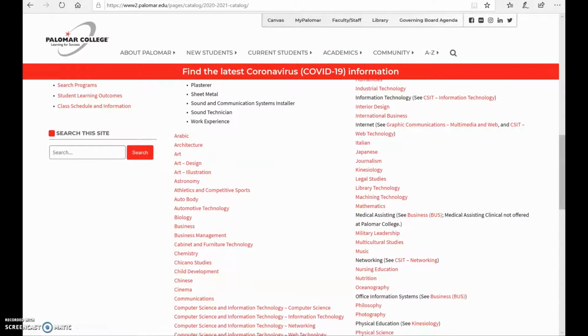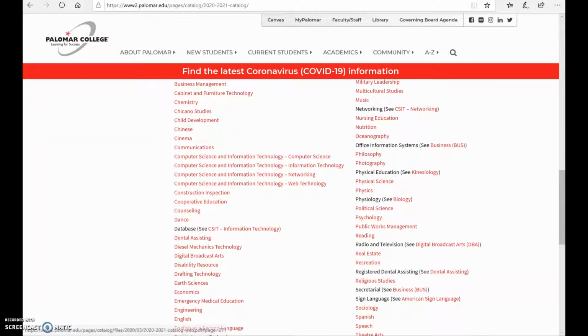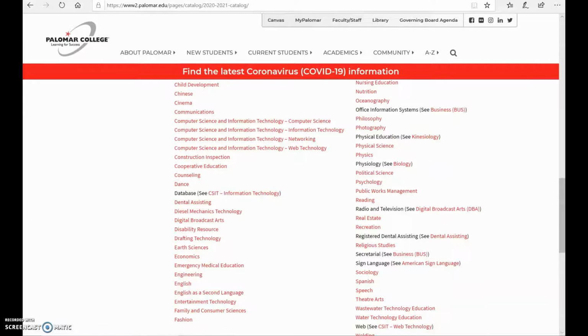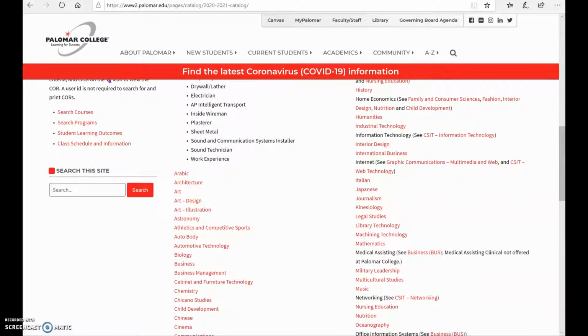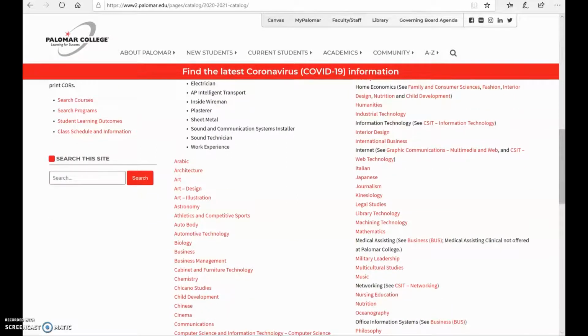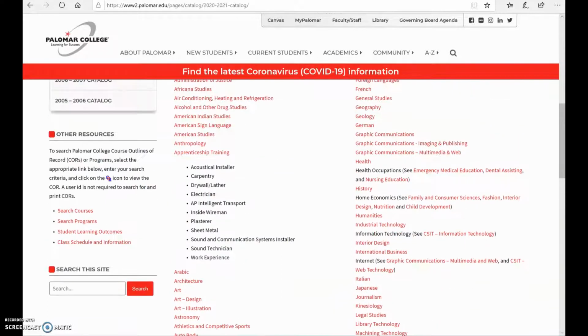The first section that I'm going to cover is the 2 histories that are required for the associate's degree under the district requirements for Palomar College. One of your options is to choose maybe American Indian Studies.